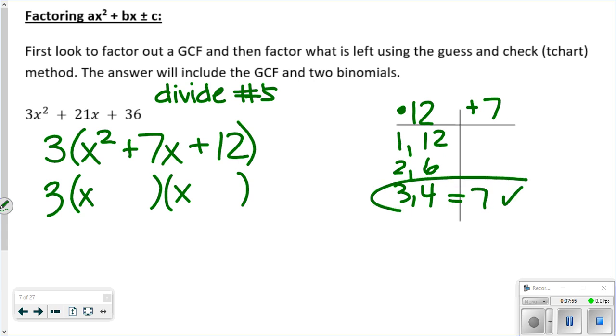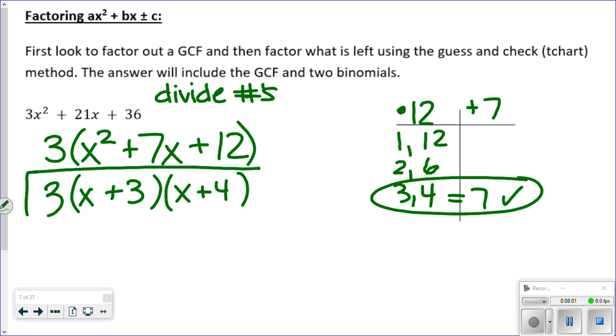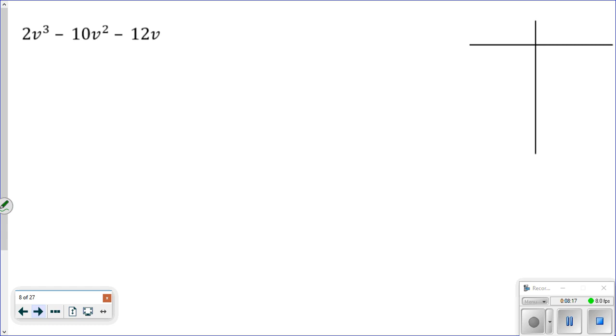So we get a +3 and a +4. And this whole thing is our answer here. So 3's out in front, that's the GCF, and then we have our 2 binomials. And the order of those binomials doesn't matter.